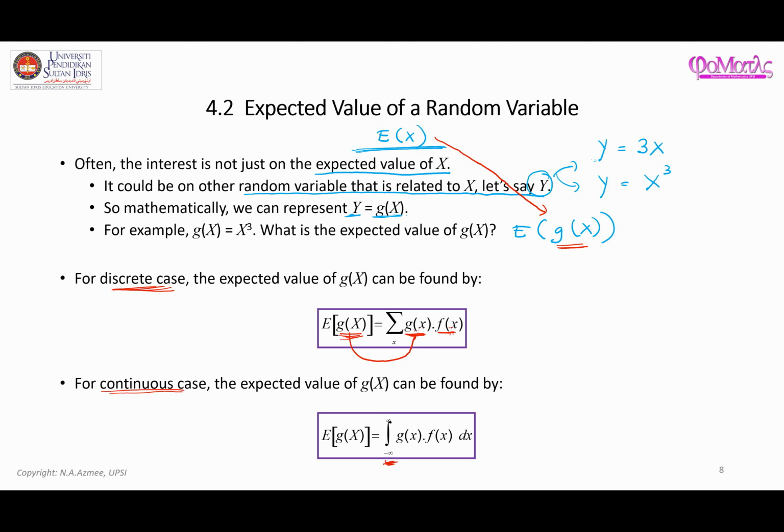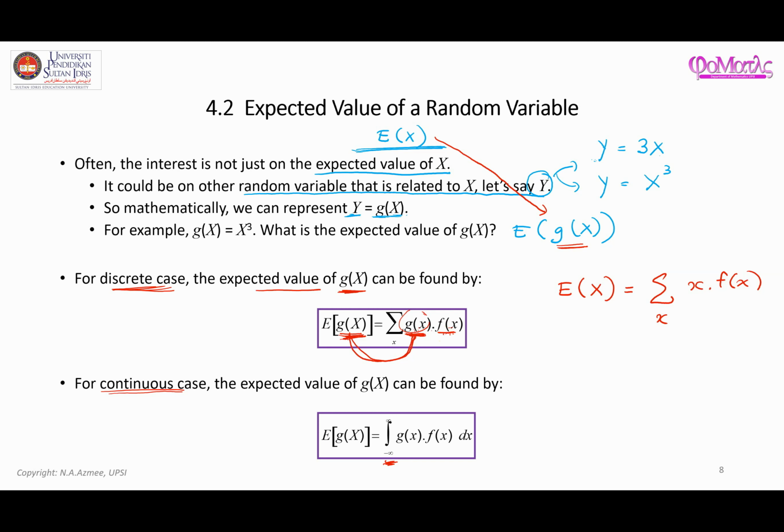It is very easy. The concept gets extended quite easily. For example, if you're looking to find the expected value of X, you just need to have x right next to f(x), and this is what you have seen in the previous video. Now we are interested to find the expected value of g(X). g(X) is a function of X, so you just need to replace it with the whole g(x) right next to f(x).